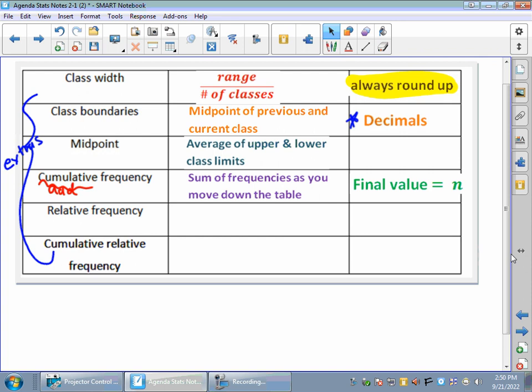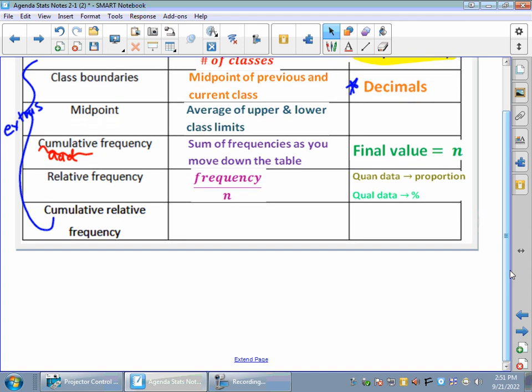Relative frequency, we just found that on our blood type thing. Relative frequency is the frequency divided by n. Typically in qualitative situations, we call it the percentage instead of the relative frequency, but it's frequency divided by n. And I made a little note here.